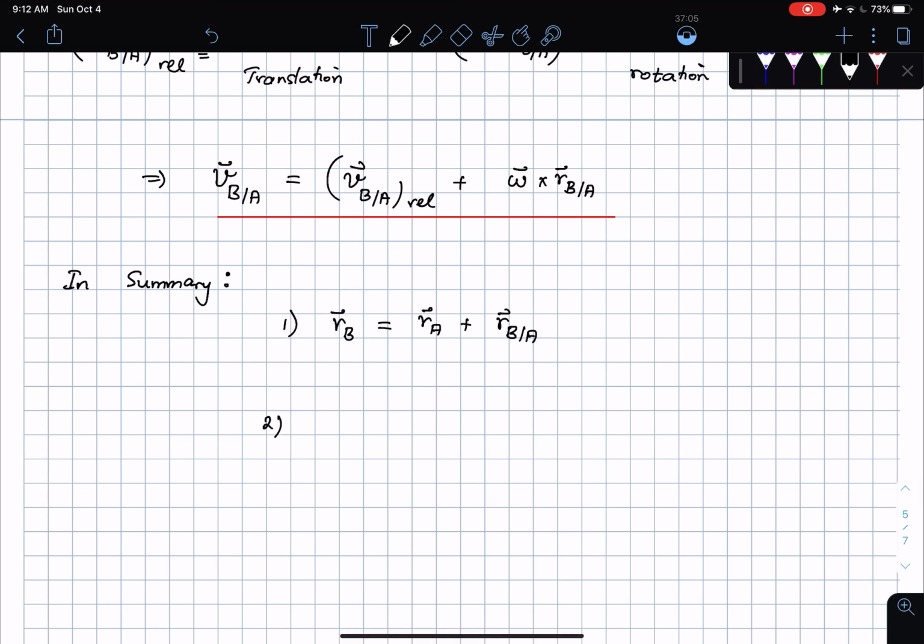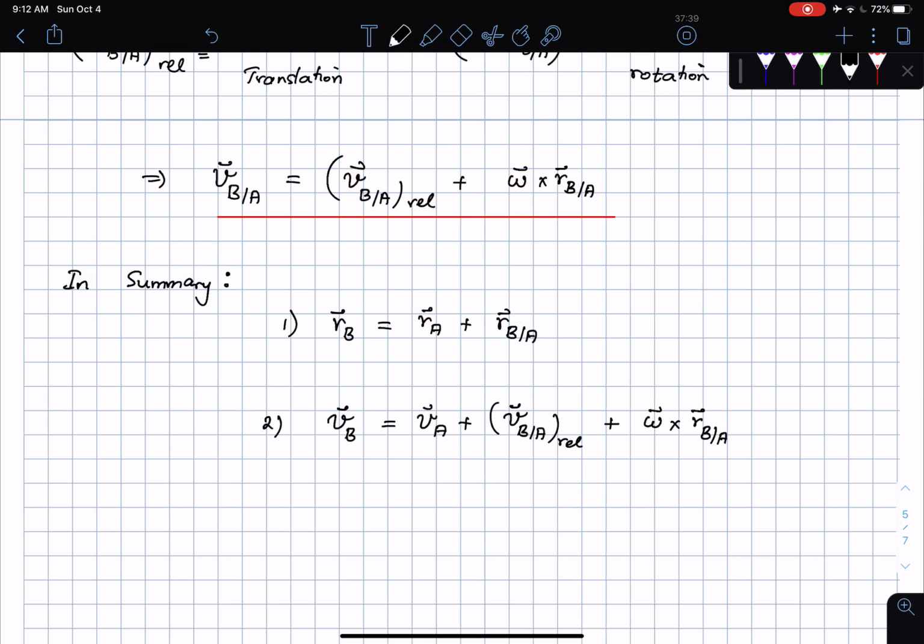The second thing is the velocity of B is the velocity of A, then I'm going to have V_B/A relative, and then omega cross R_B/A. Many times there is a confusion, which omega should I use, omega of the body that contains A or the body that contains B. It is always going to be the omega of the body that you are writing as the first term here. If you're writing the term A here, then it's going to be the angular velocity of the body containing the term A.